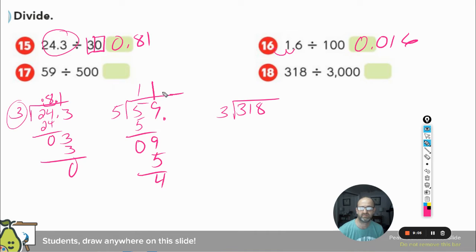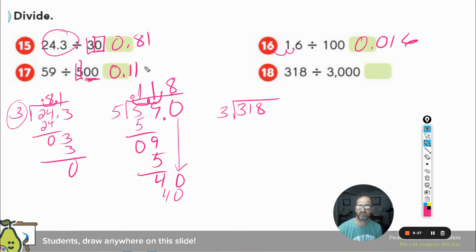I'm going to have to add a decimal, bring down the 0. 5 goes into 40 8 times. 8 times 5 is 40. And then I'm done. But since I'm dividing by 500, I divided by the 5. I now need to divide by the 500, and I get 0 and 118 thousandths.